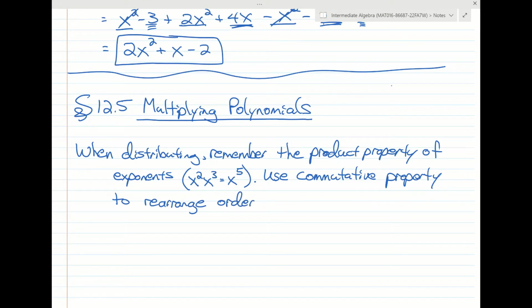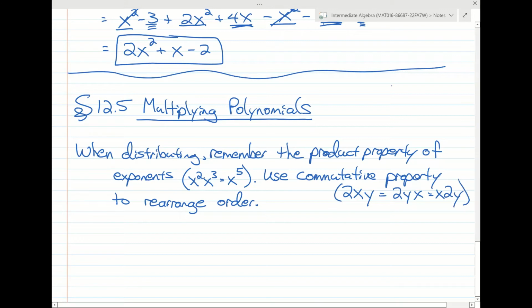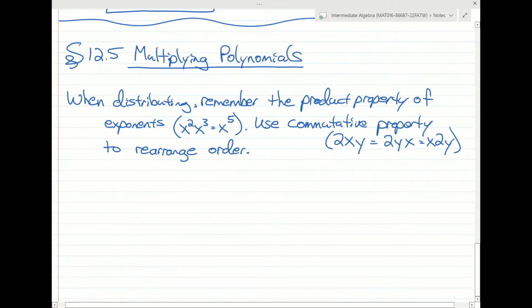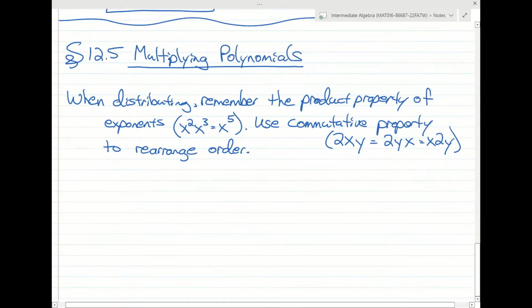So the commutative property tells us that like 2xy is the same thing as 2yx, which is the same thing as x 2y. So the commutative property just tells us that when we're multiplying, order doesn't matter, and that's just going to help us throughout these problems. So you'll see as we work through it. Main idea from the directions is if you're multiplying the same base, we add their exponents.